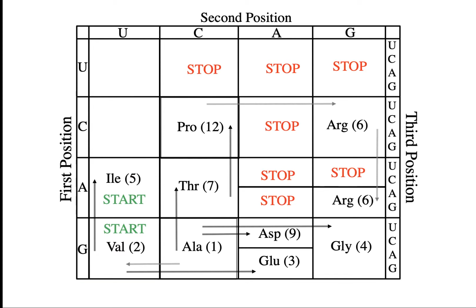As I stated earlier, probably the next amino acids to be added are isoleucine and threonine, as well as arginine and proline, and this implies that you need at least an A in the first position and probably a C in the first position in some of the codons.